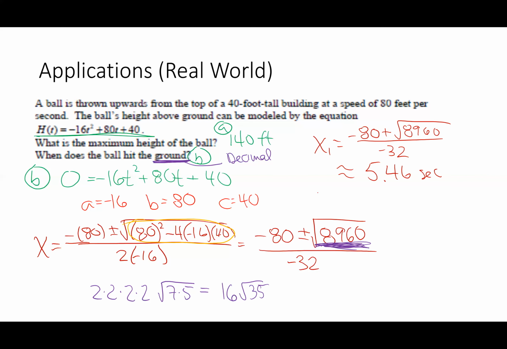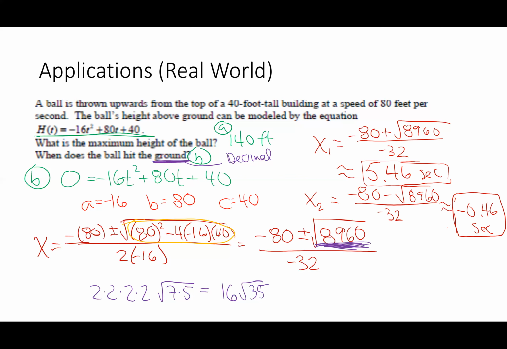That's fine. And now for x2, we're going to do the minus. We end up with roughly negative 0.46 seconds. So these are our answers, and we don't need to put any more thought into it, and we can pack up and go home.